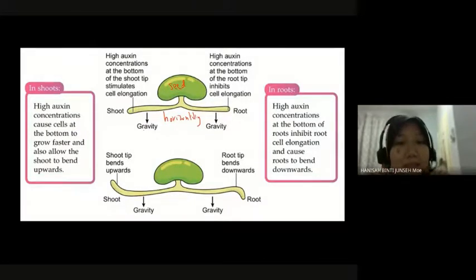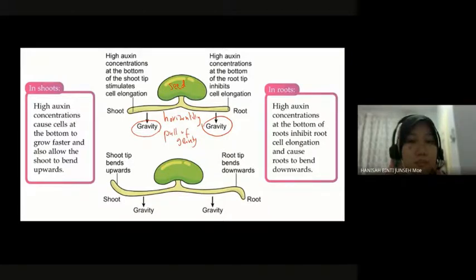And then we know on the ground there is a gravity, atau gravity force ataupun pull of gravity. It's either way, which term do you want to use? Gravity pulls ataupun pull of gravity ataupun gravity force. Mana-mana lah.